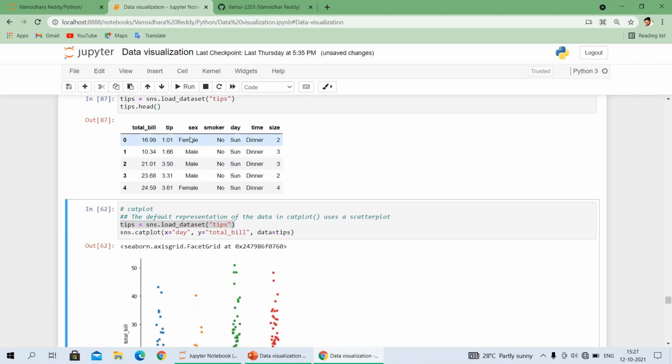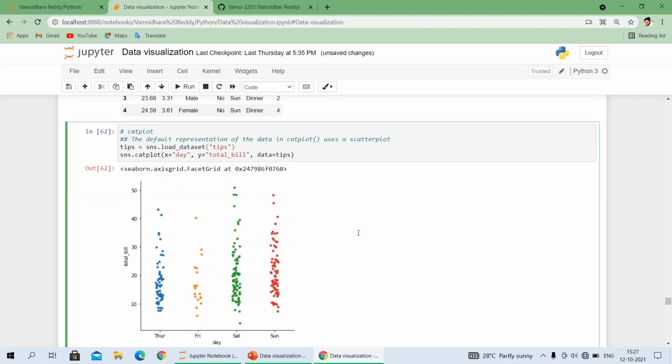Yeah, this is the dataset. It contains nearly six to seven columns: total bill, tip, sex, smoker, day, time, and size. These are the columns present for this categorical data, using a scatter plot.